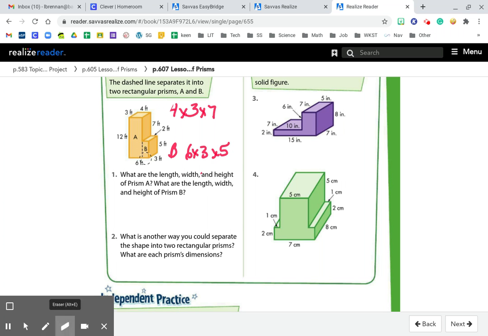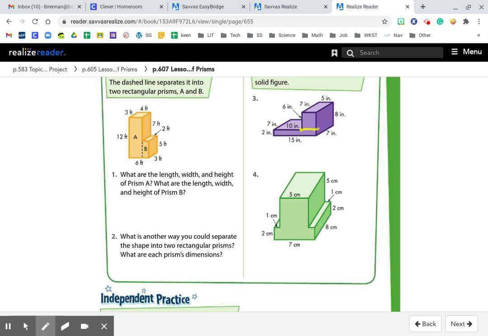And you can do it either way unless they tell you. So on the next problem, 3, you get to decide how you're going to divide it. Let me change my color here to something bright. So if I decide to have one box laying on top of another box, I'm going to call this top part A and the skinny little bottom guy B. I need to figure out the volume for A. I want length, so I need that little piece right there.